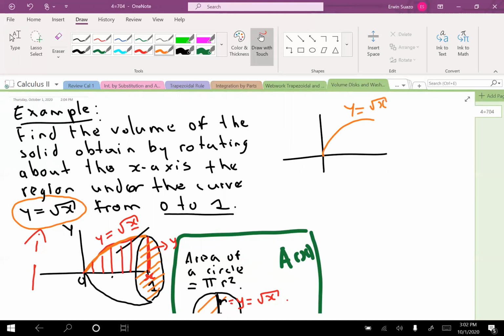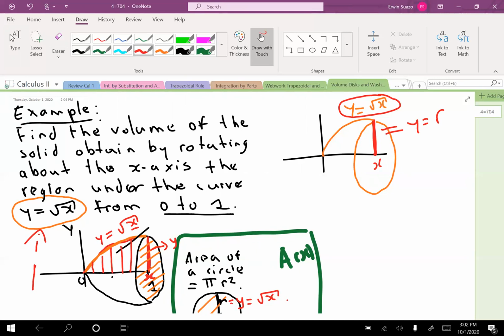So when you rotate it around, you see that immediately after you rotate, this is your radius. So what is this? This is how high the function is at x. And who is determining this? y is determining this. So in this case, y is the radius.